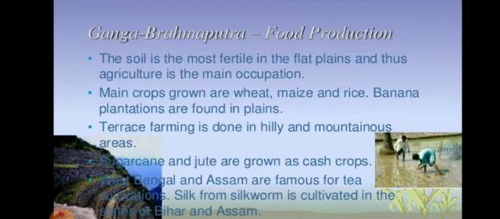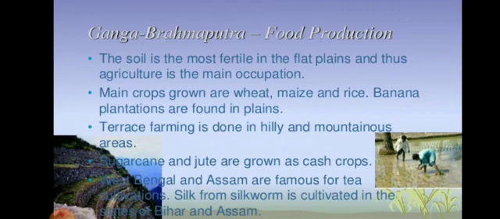Now about the food. The soil of this region is very fertile. This region is a flood plain, so the soil is very fertile. All these rivers are bringing very fertile, humus-rich soil from the mountains. In every rainy season, these rivers are full of water.